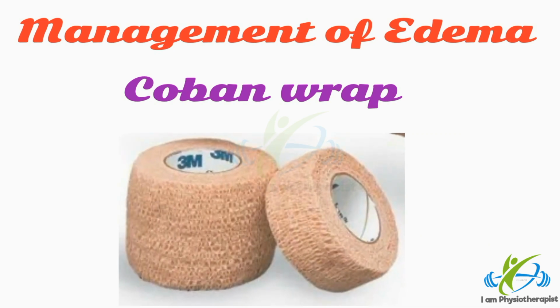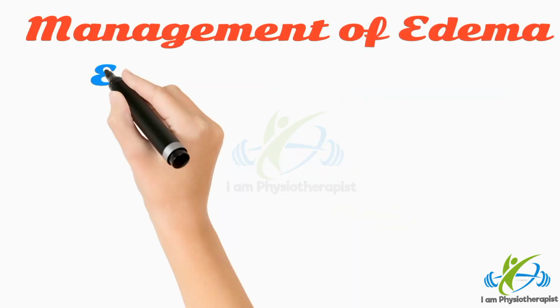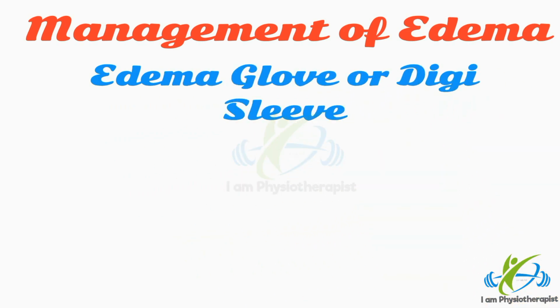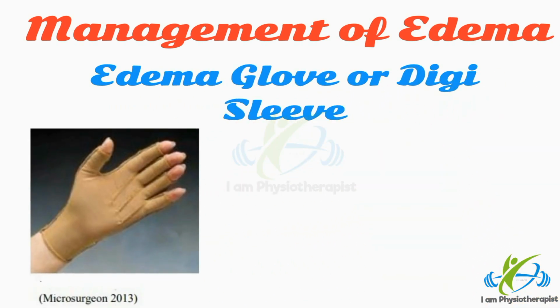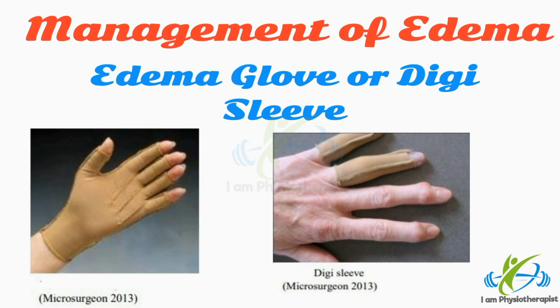The main advantage of Coban wrap is that it does not stick to underlying tissue, making it suitable for use in the acute stages of burns. Edema glove or digi sleeve. These are hand-specific edema management products.